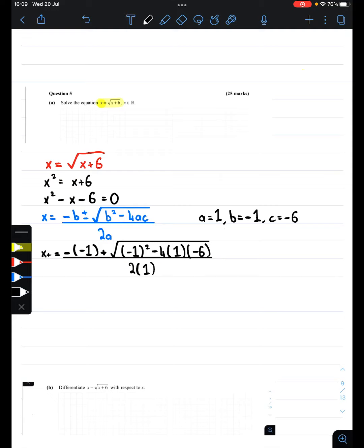And our second solution is, again, minus minus 1, this time minus the square root of minus 1 squared minus 4 times 1 times minus 6, all over 2 times 1.